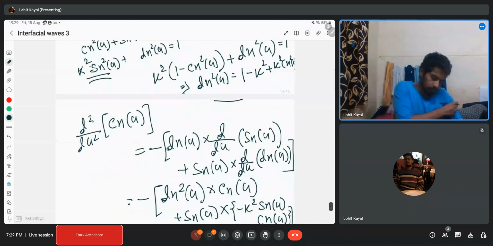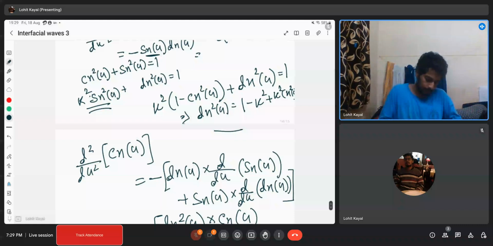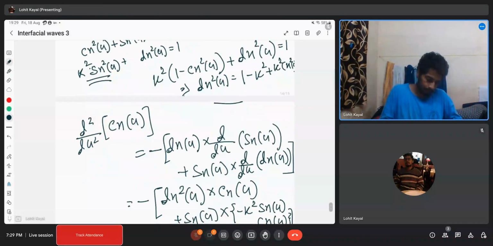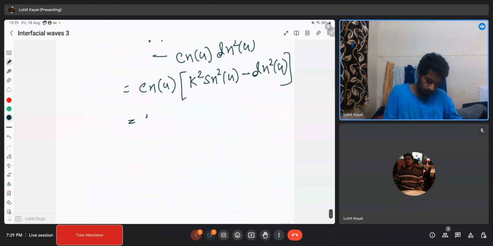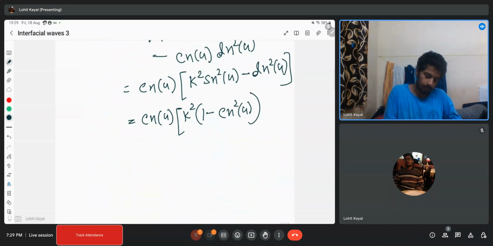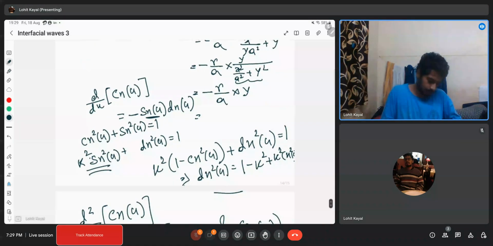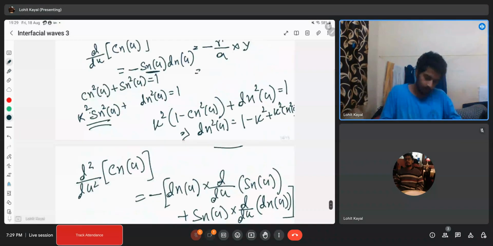So what we can do is simply substitute sn and dn in terms of cn. So sn square u will be cnu into k square into 1 minus cn square u, minus dn square u. Dn square u is 1 minus k square sn square u.